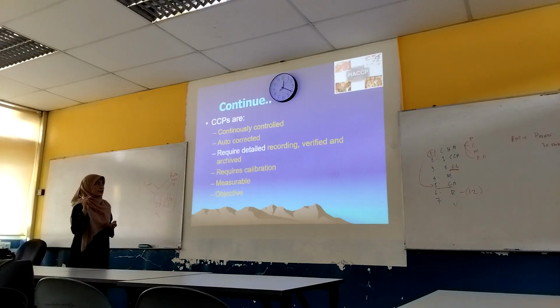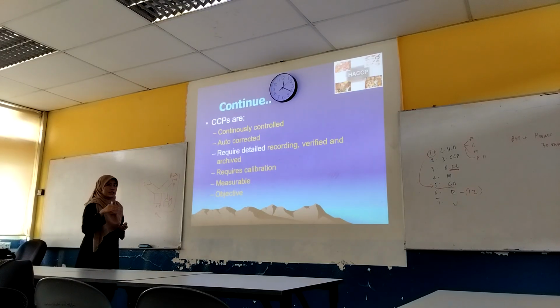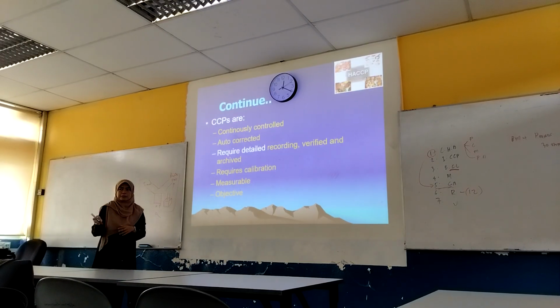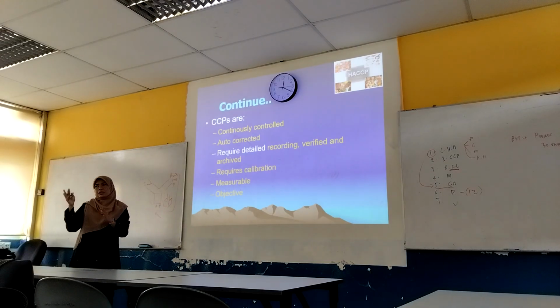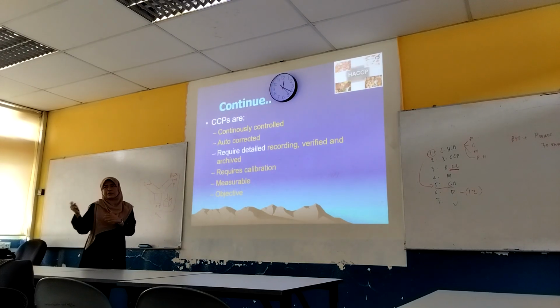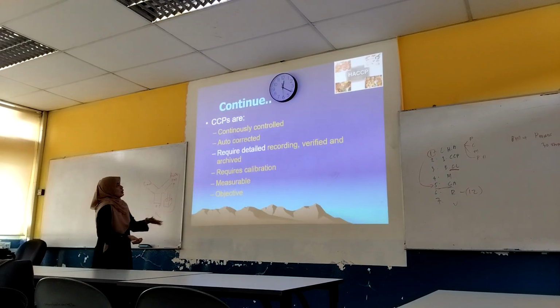If you have deviations in temperature, what will happen to that batch? Cooking won't reach 120, so it only reaches 100 degrees. It's still enough to kill the bacteria, but the product itself will probably be affected, such as the color and so on.